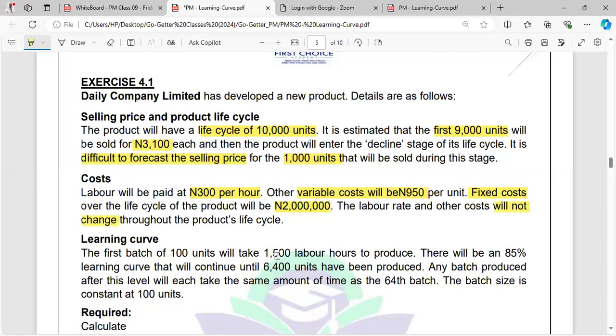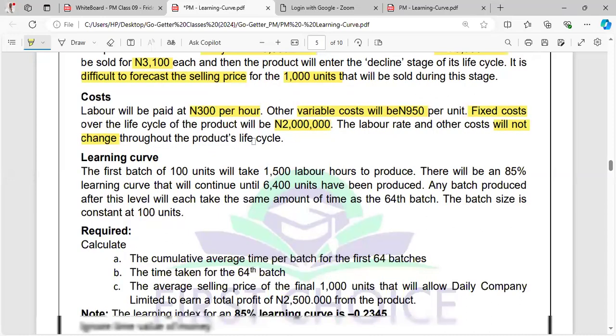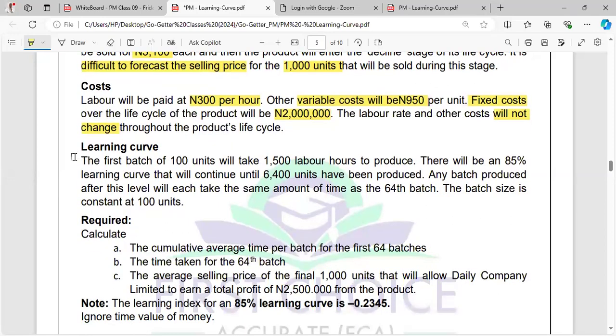So labor rates will still be 300 naira per hour for the whole of the 10,000 units. Variable overhead cost will be 950 naira per unit throughout the whole 10,000 units. Now let's go to the learning curve and let's start observing our rules. Now look at the thing here.